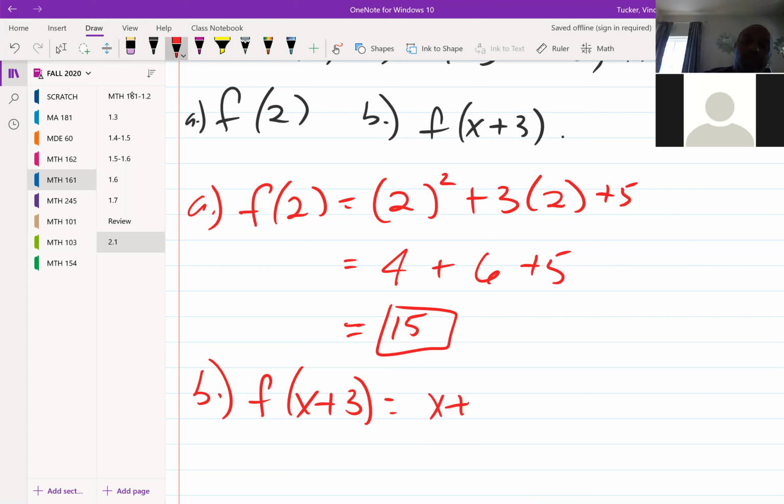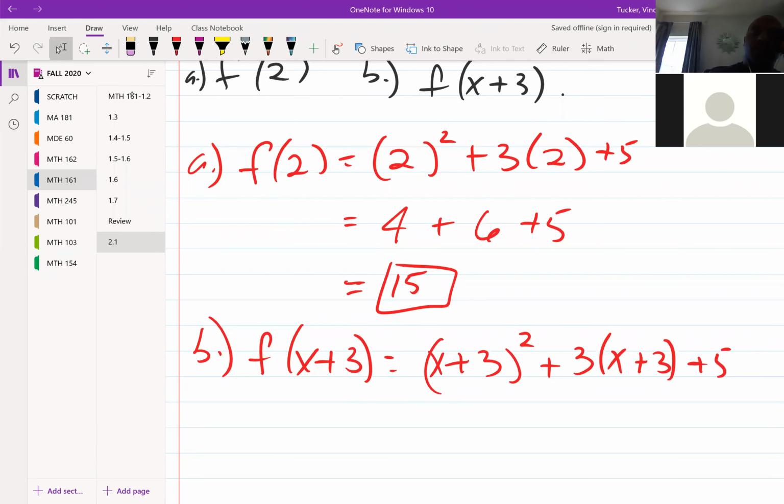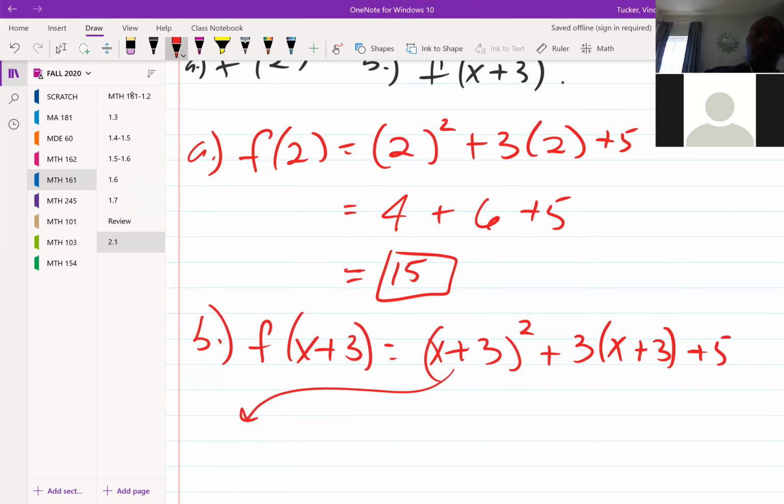So that would be (x plus 3) squared plus 3 times (x plus 3) plus 5. All right, so don't forget (x plus 3) squared is (x plus 3) times (x plus 3).